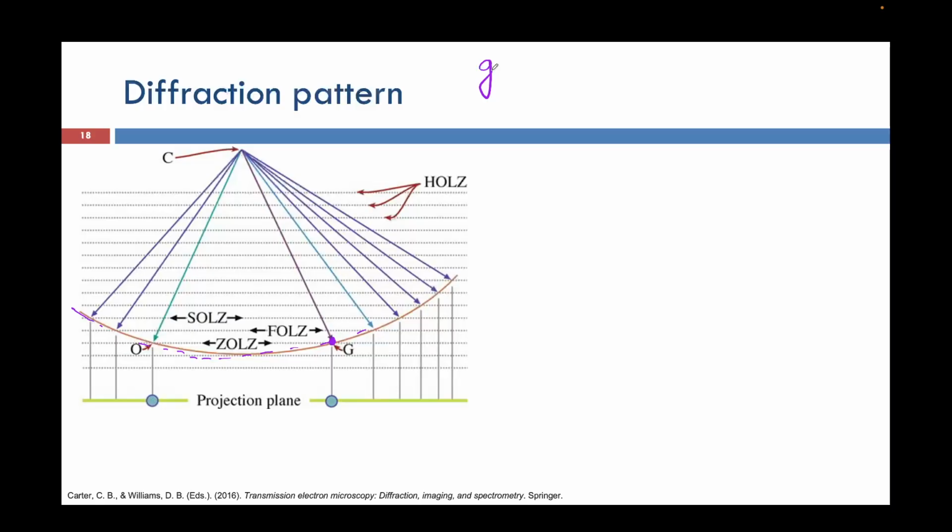But similarly, there will also be another set of vectors associated from the origin, and those points will also contribute to the diffraction. The points situated only at a distance of G from the origin are part of the ZOLZ, the zero order Laue zone.